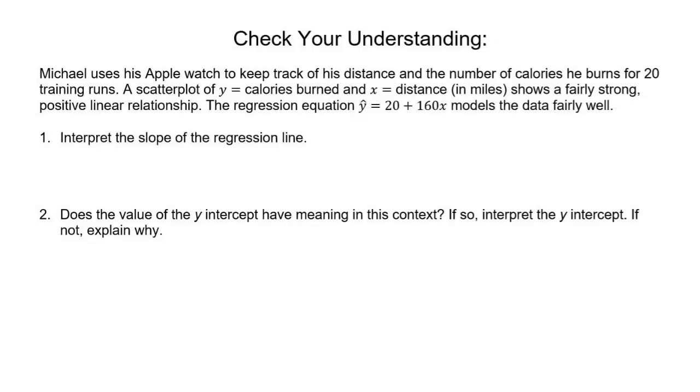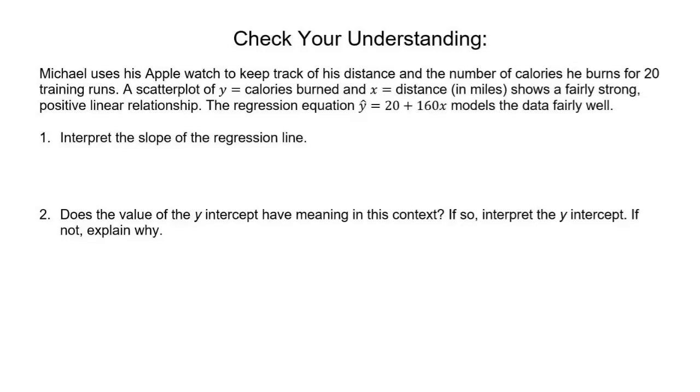What is the slope? 160. How would you interpret that slope? For every what? For every mile, for every additional mile, or for every one more mile, for every one more x.